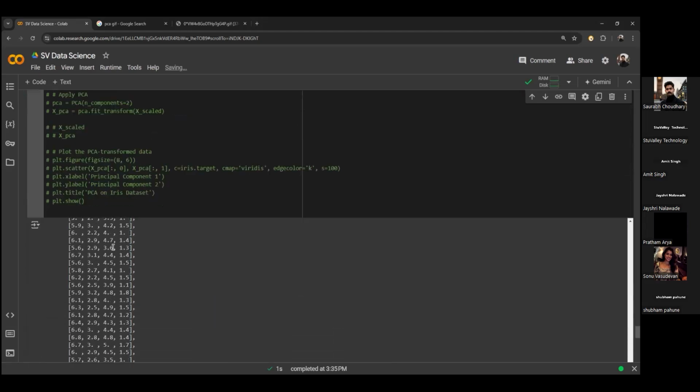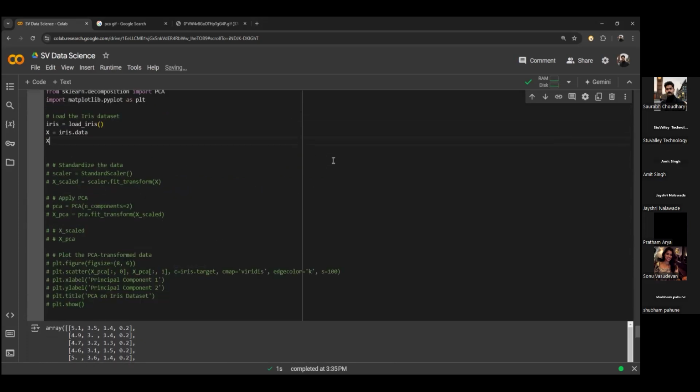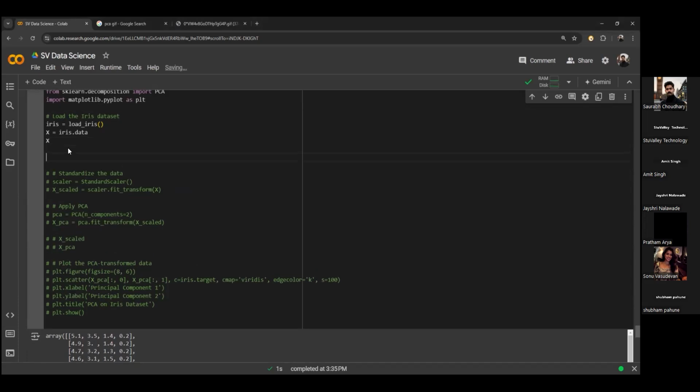See, all four features which I talked about. This one. Sepal length, sepal width, petal length, petal width. Okay.